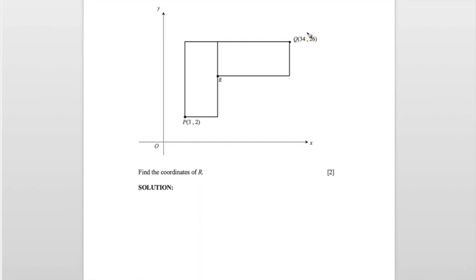The y value here is 26 and the y value here is 2. The x value here is 3 and the x value here is 34. So the length of this rectangle is 26 minus 2, so the length is actually 24.